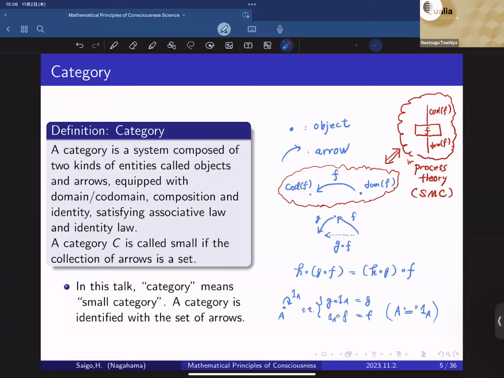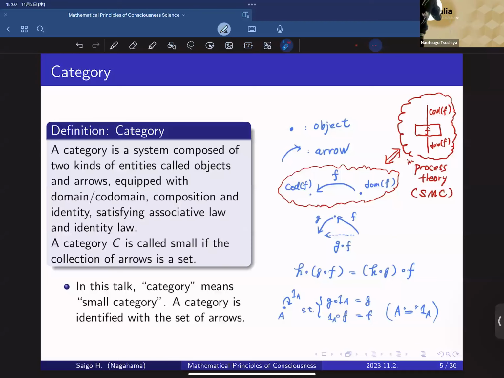An object can be anything, if it satisfies the axioms. Arrows can also be anything, but the image is that an arrow is some kind of process, not only a mapping or a relation, but a more general kind of process, a kind of dynamics. But arrows should be equipped with a domain and a codomain. Domain means just the starting point of an arrow, and codomain is the target point.